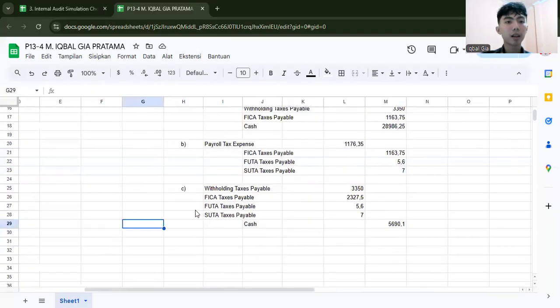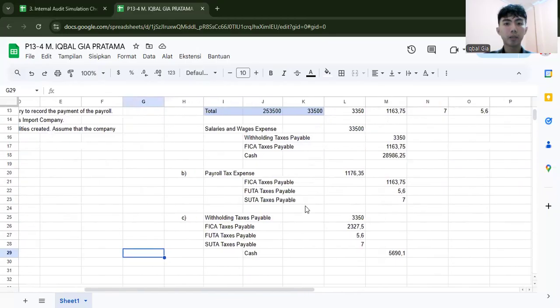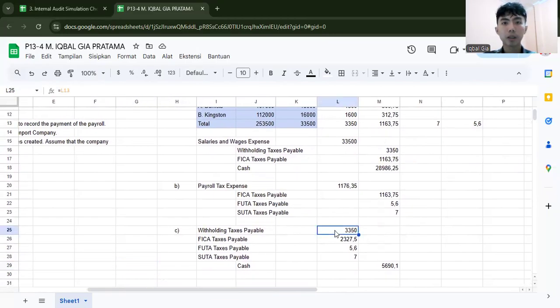After that, the last one, we will make the entry to record the payment of the payroll liabilities. For the debit there is withholding taxes payable, because we counted it right here. The data is from right here.